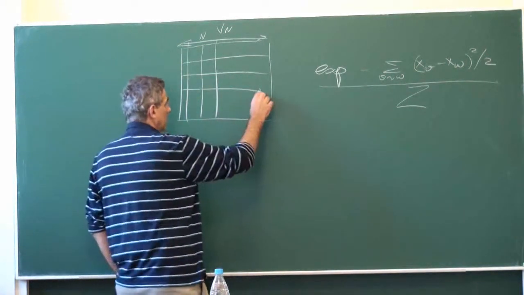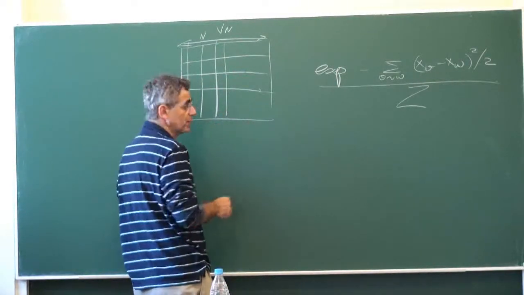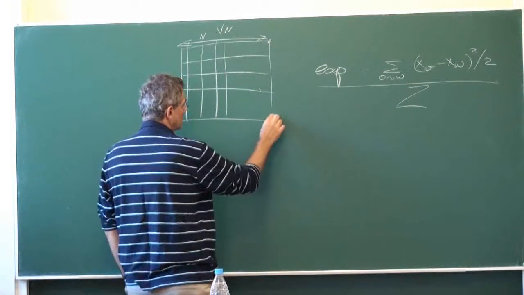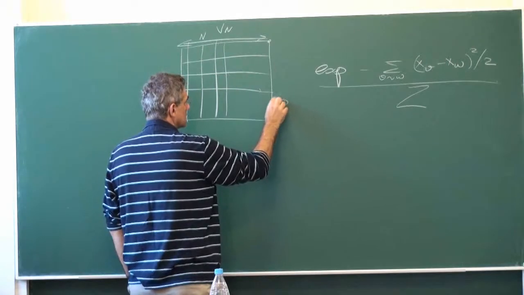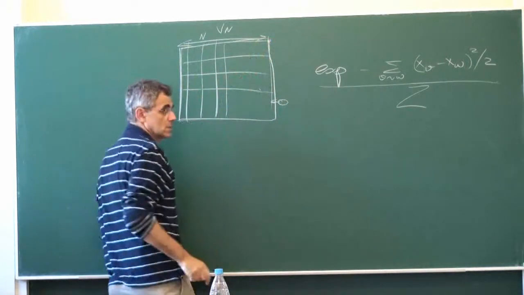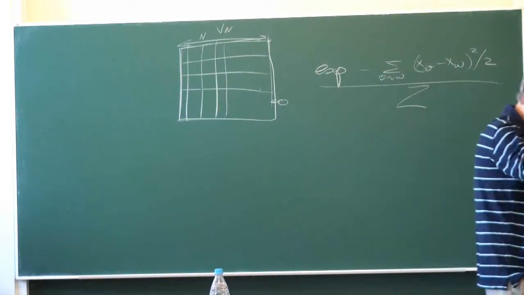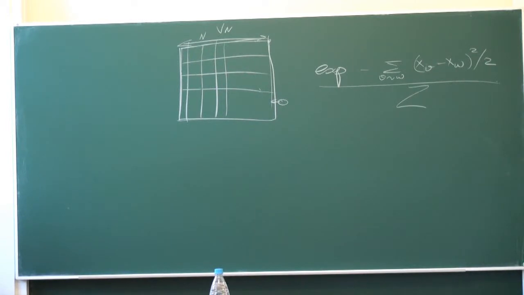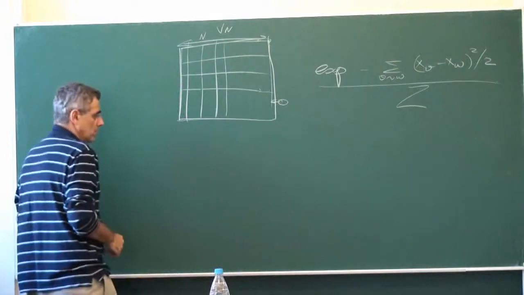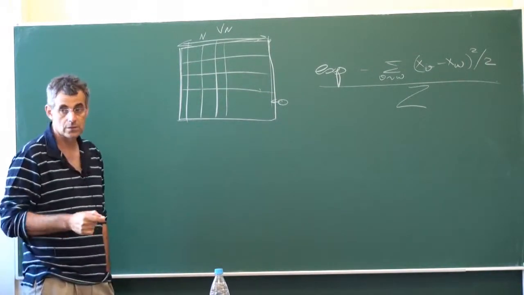And I remind you also that by convention, every time I talk about the Gaussian free field in a box, I will mean with Dirichlet boundary conditions, which means that the value on the boundary vertices is equal to 0. And this gives us a well-defined field. And we also had a random walk representation of the covariance.